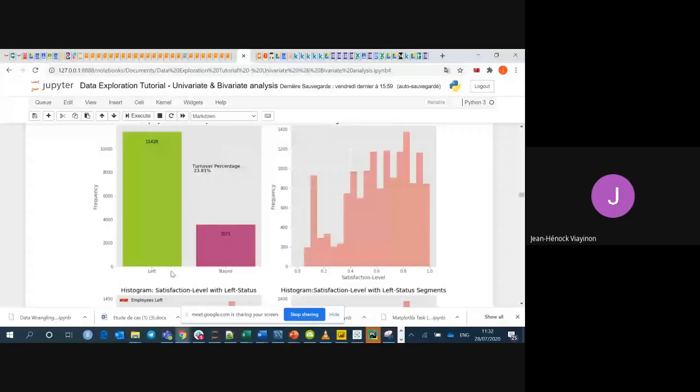analysis with two variables: the first one is a qualitative variable, the left status, and the second one is a quantitative variable, the satisfaction level. First explore both and give them in a single graph.